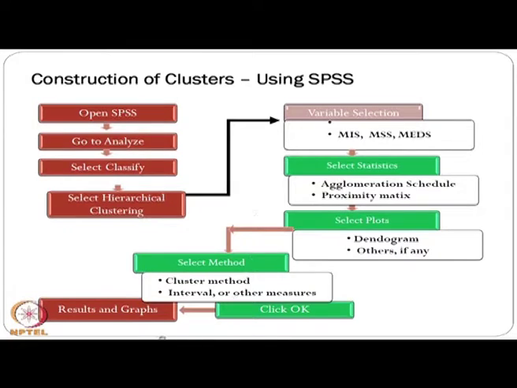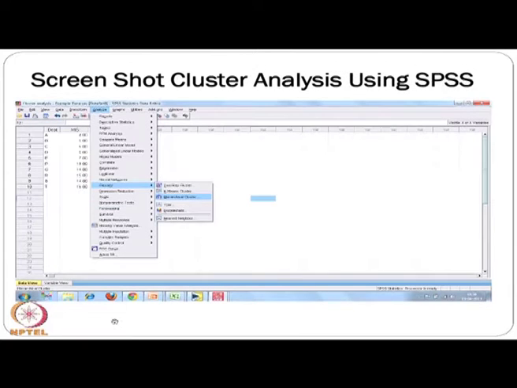So, you have to find some way or other the distance. Once you get the distance, then these algorithms are applicable. Okay. Then once you click OK, within a second probably, depending on the memory available, you will get the result. Now, I will show you the result here.